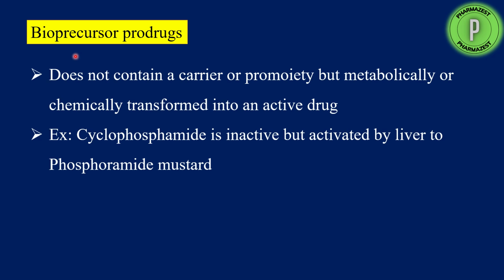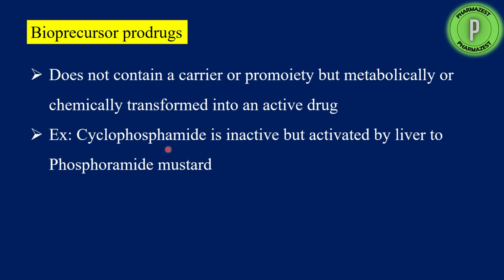Next, we have bioprecursor prodrugs. These bioprecursor prodrugs do not contain any carrier or pro-moiety, but they are metabolically or chemically transformed into the active drug. That means the drug is in the inactive form, and when it enters into the body, it is by the action of the enzymes or chemical reactions converted into an active form.